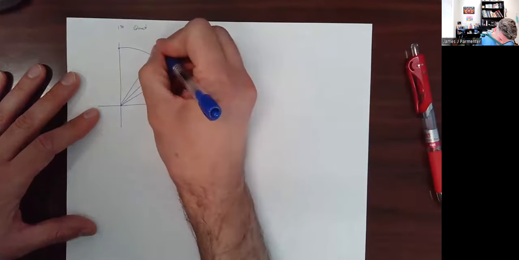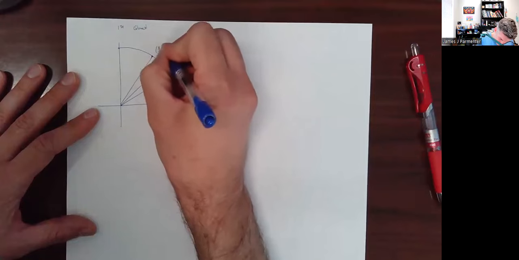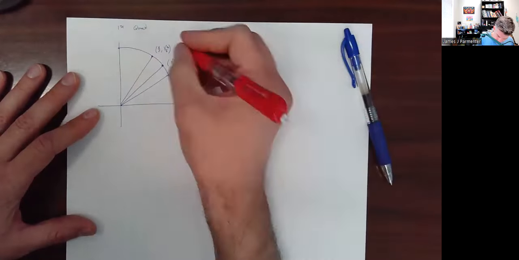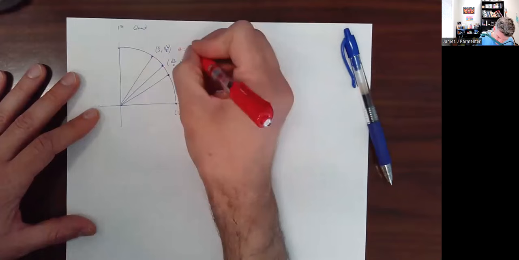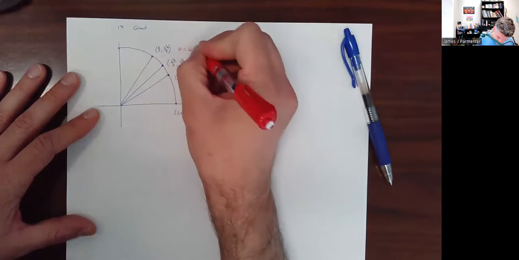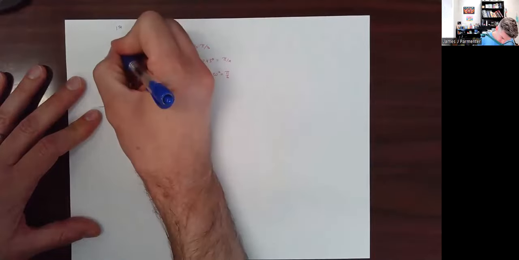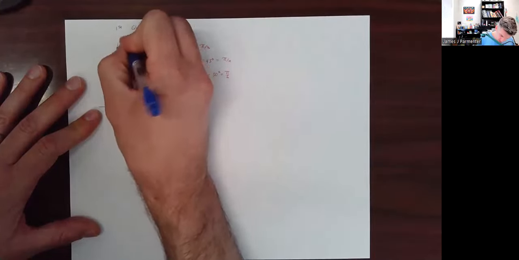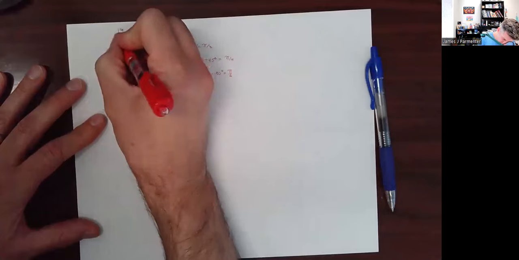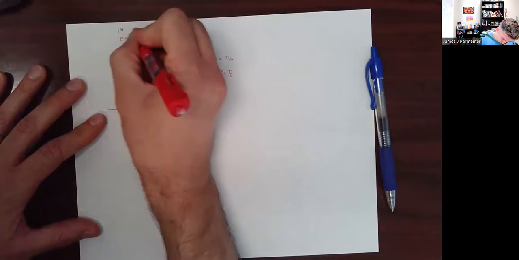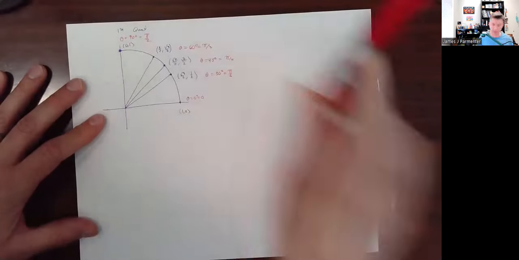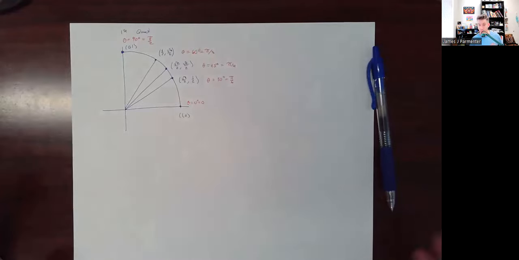It's just taking a minute. And my angle here is 60 degrees or pi over 3. And finally, up here at the point 0, 1, the angle is, of course, 90 degrees or pi over 2 radians.